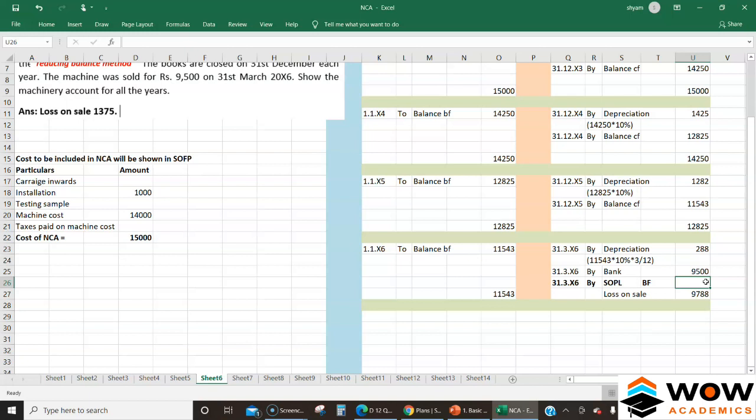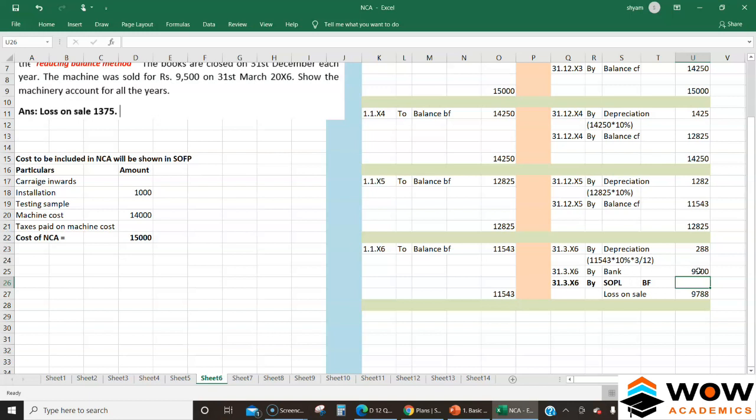The balancing figure is the profit or loss number. The opening value of the asset is 11,543. Subtracting the 288 gives you the worth of the asset. I think it would be around 11,250 or so.